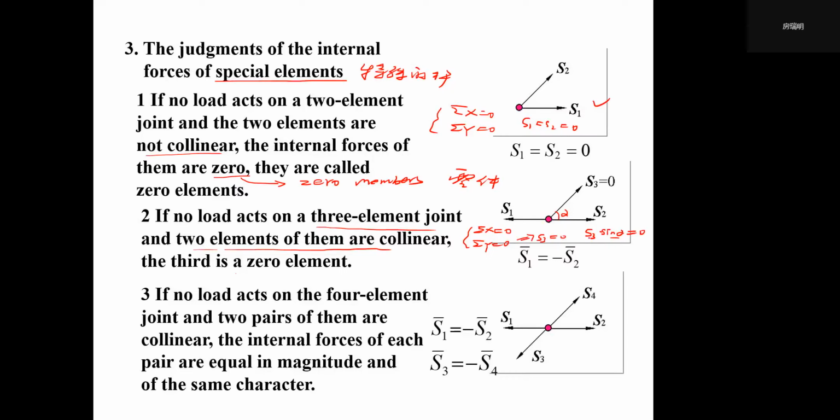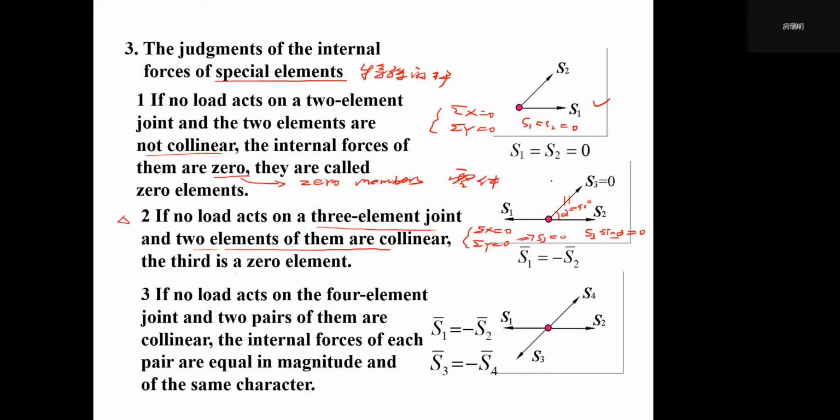So S third equals 0, it is a zero member and has no effect on this joint. The third is the zero element because S1 and S2 are collinear. Can you understand this? Actually, S third can be at any angle. This angle more often will be alpha equal 90 degrees, which is perpendicular.